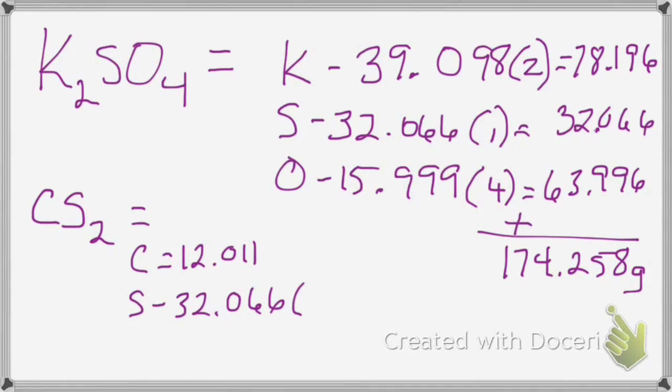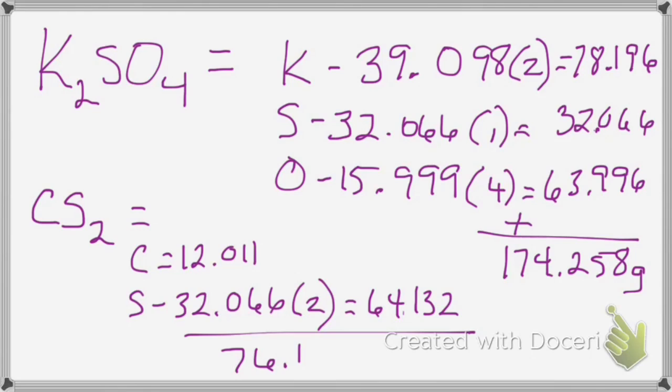And I had 2 of those. 32.066 times 2 is... It should be 64.132. And we're going to add those plus 12.011. 76.143 grams. So pretty straightforward again. Yay! Awesome. Okay, and that's our guided practice. So we're done. Yay!